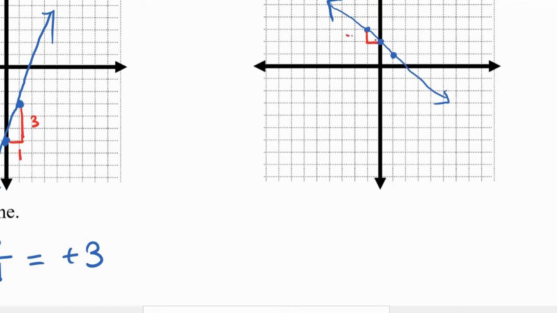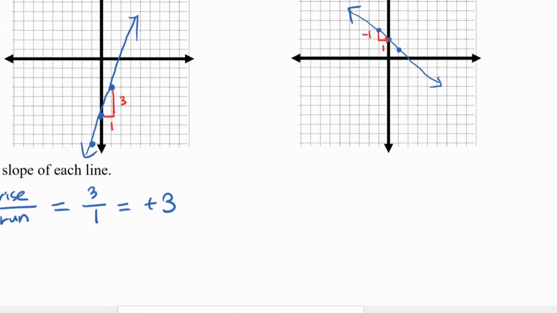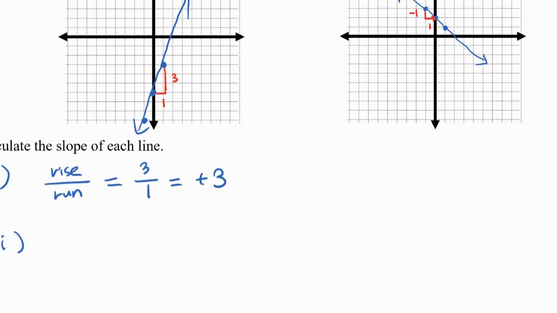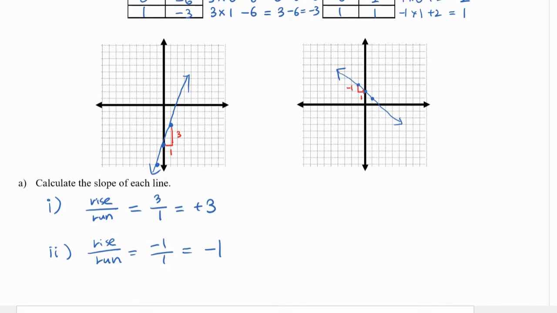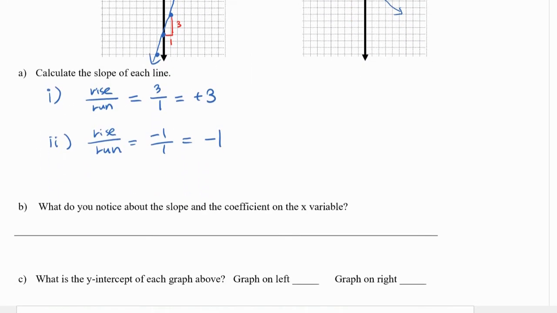Run is 1. So rise over run is negative 1 over 1, that is negative 1. All right, slope is 3 and negative 1.